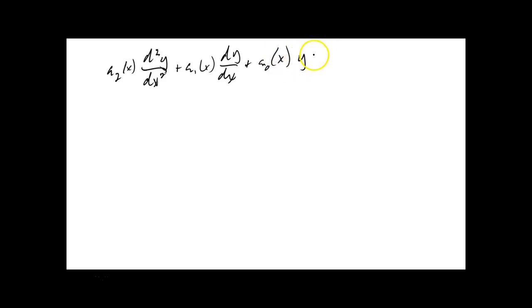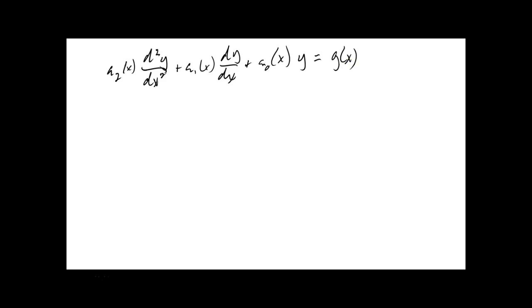Okay, here's an example. a2 of x, that's a function of x, d squared y, second derivative of y with respect to x squared, plus a1(x) dy/dx, plus a0(x) y is equal to g(x).